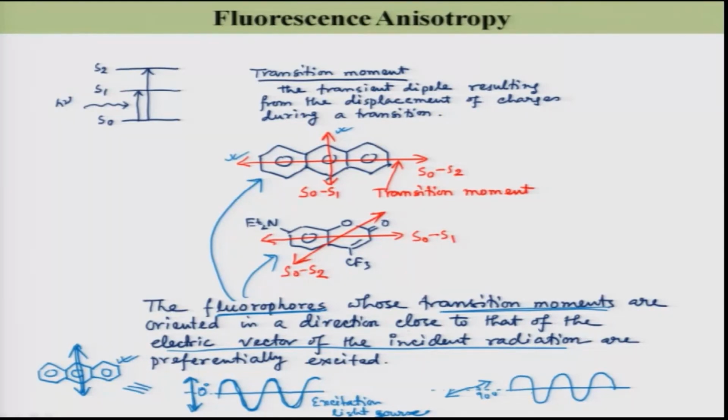Now, let us take a situation where I have many molecules in solution. Let me draw one sample chamber over here, and here you have taken several of these fluorophores in a particular solvent.